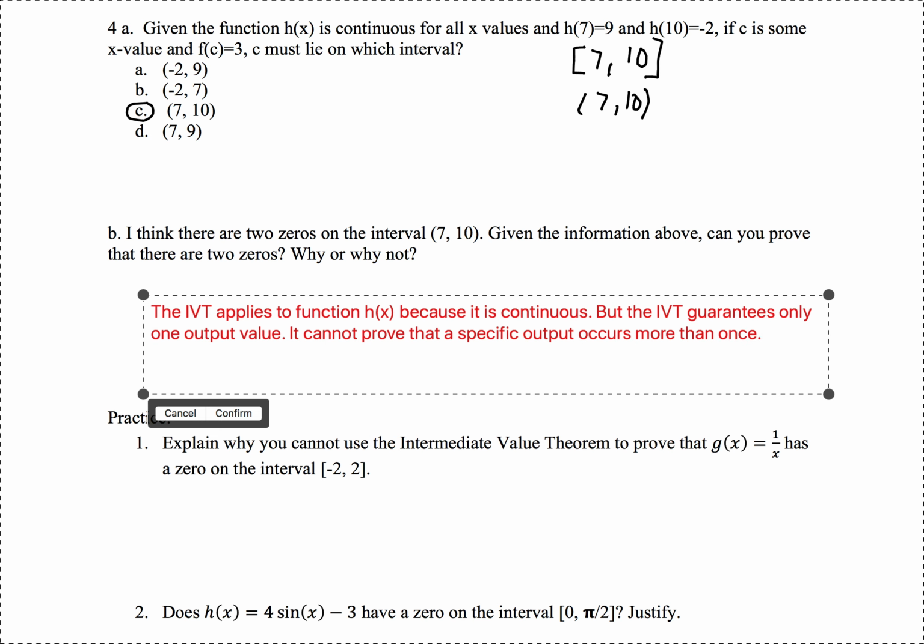Basically, we assume the straight line scenario from point A to point B. We can only prove that it crosses through all the outputs once. We actually cannot state how many times it crosses through each output.